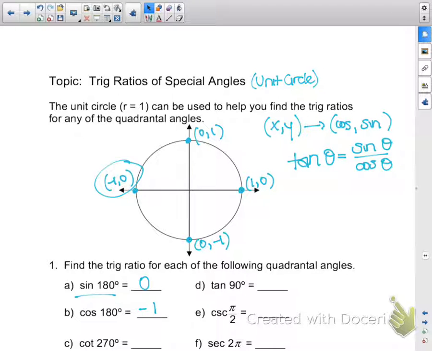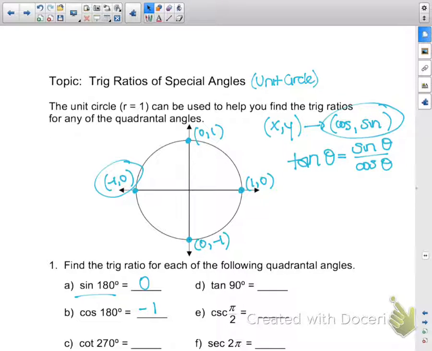It's 0 because the y value at 180 is my sine from this right here. The y value is my sine, the x value is my cosine. So I went over to 180, I looked at that point, and I said the sine is the 0, the cosine is the -1.